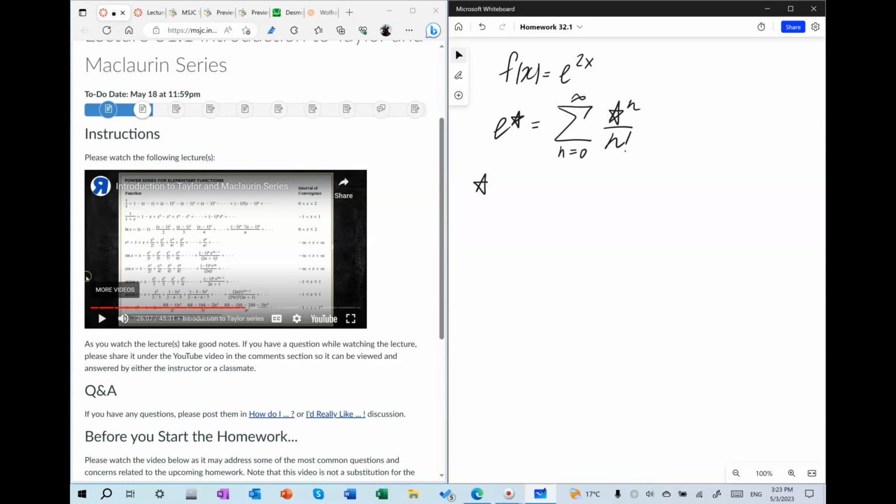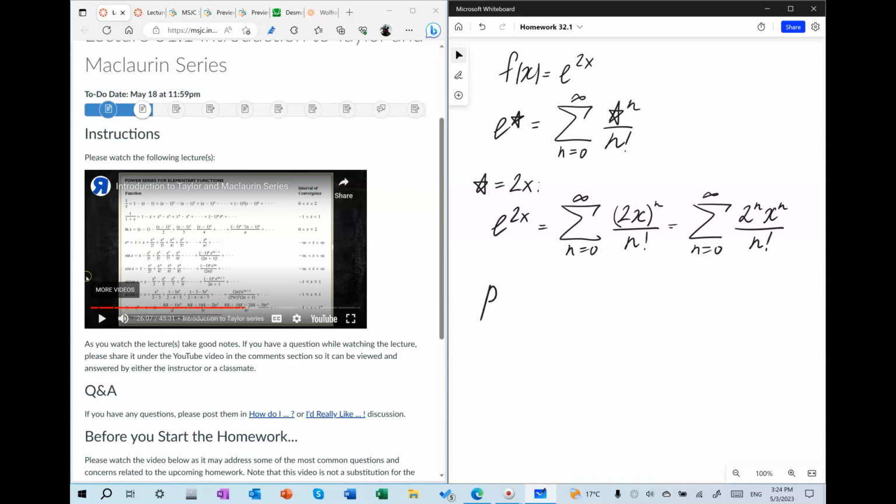So if we let the star be equal to 2x, then e to the power 2x is equal to this. And this is known as the Maclaurin series for this function.